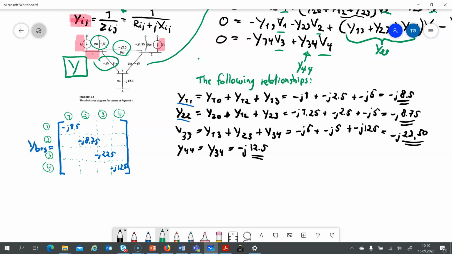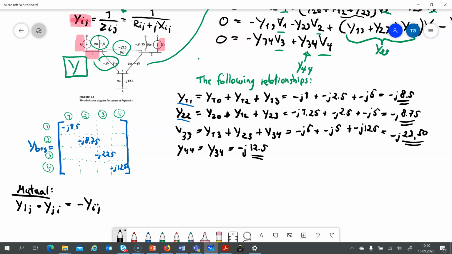So then the first one is y11. Now let's take the mutual admittances, as we call them. Before we start, remember that for the mutual admittances we have yij equal to yji. However, it will be minus yij, so it's opposite. That's important.